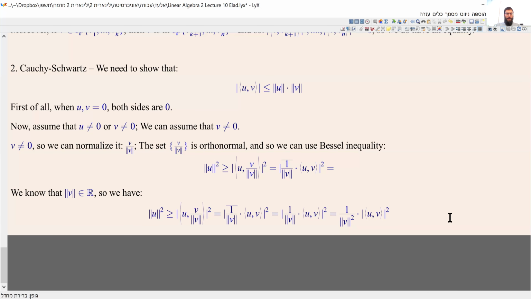Multiply each side by the norm of V squared.